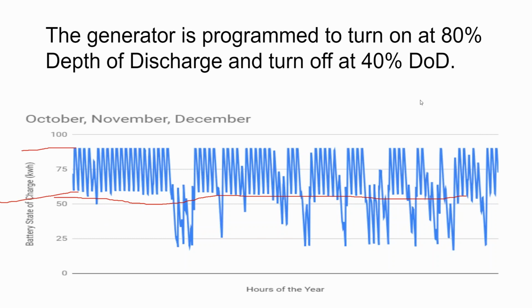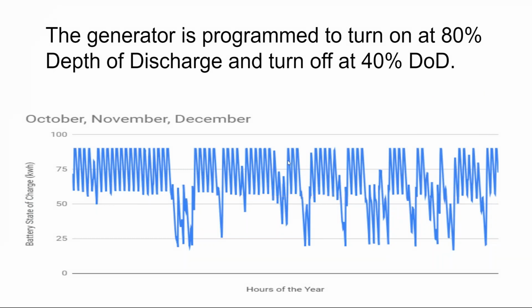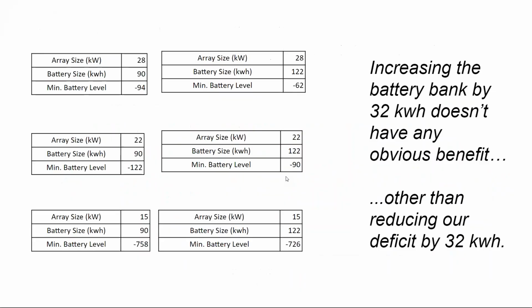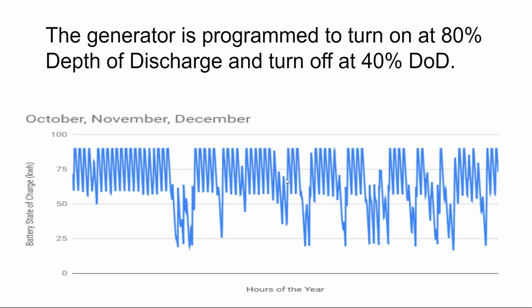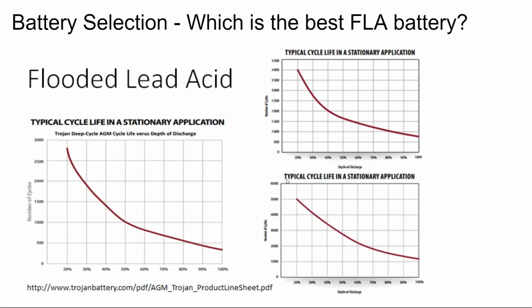And so I'm typically discharging my battery by, let's just say, 35%. So then I go to my battery depth of discharge curve, and I say, okay, I have an average depth of discharge of 35%. This is 2,000.